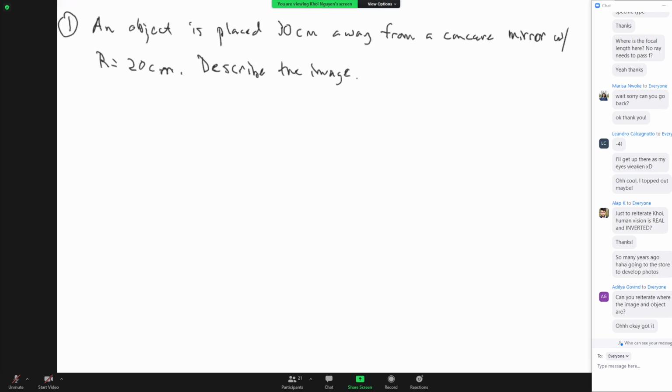And from that image, we can dictate where it's going to be. So find me I. Is it real or virtual? Upright or inverted? And magnification.